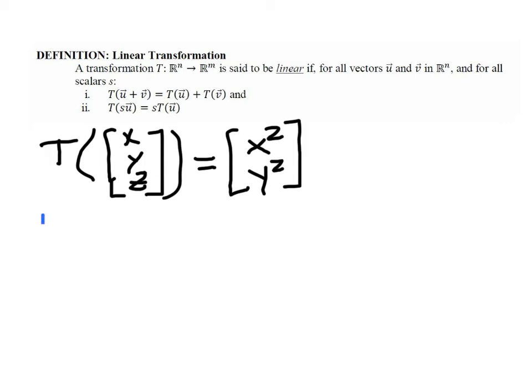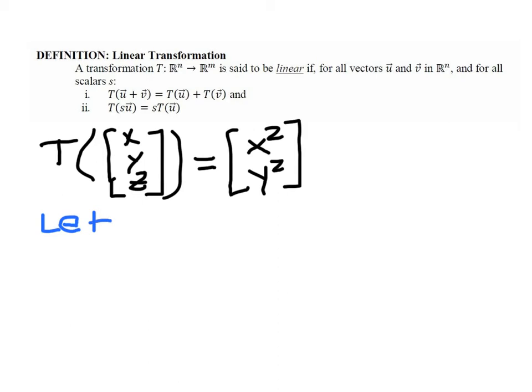By the way, this is the beauty of showing that something is not a linear transformation: all you have to do is give one example where either of those conditions fails, and then we've proven that it's not a linear transformation. So we can pick one specific example to disprove a statement like this.